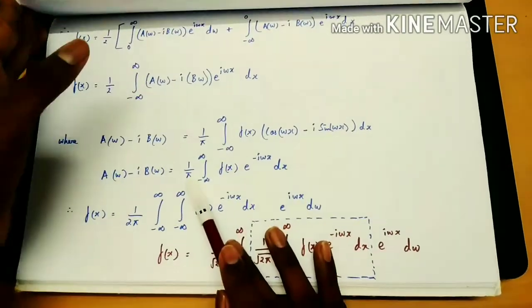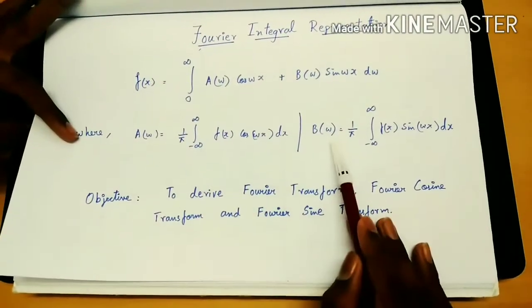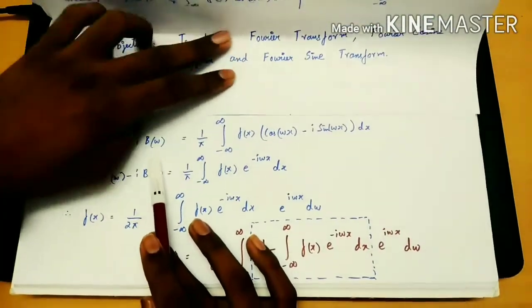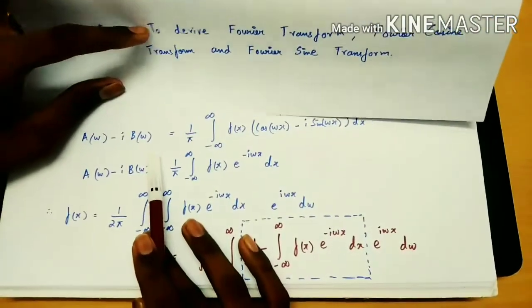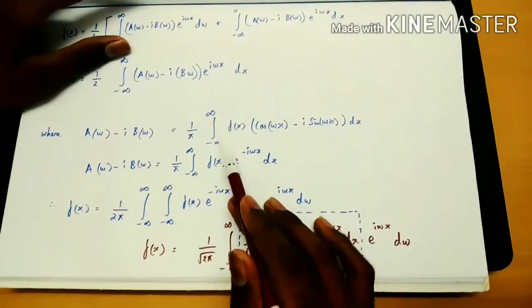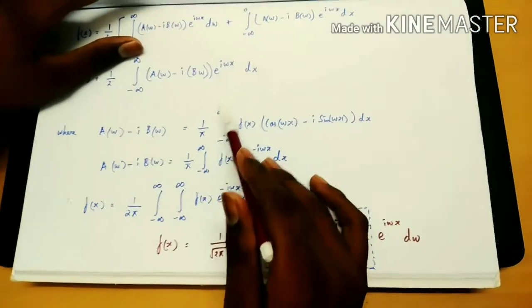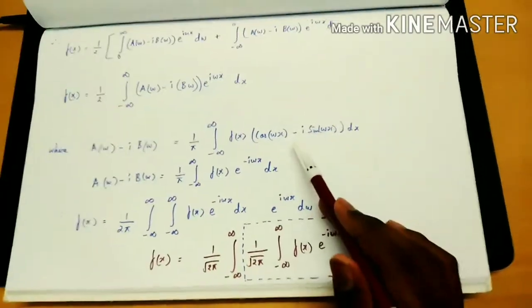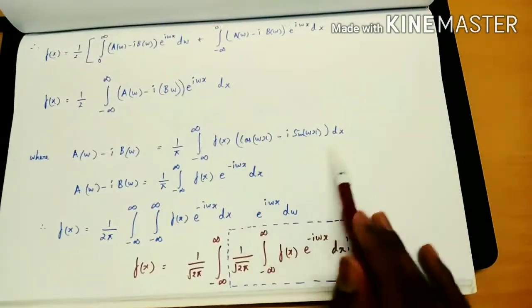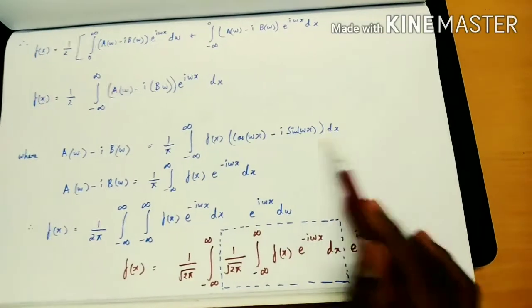Now from the definition of a omega and b omega, if we write a omega minus i b omega, we get a omega minus i b omega is equal to 1 by pi integral minus infinity to infinity f of x (cos omega x minus i sin omega x) dx. Now we know this is the same as e power minus i omega x.